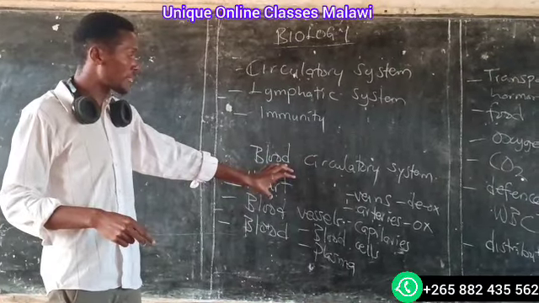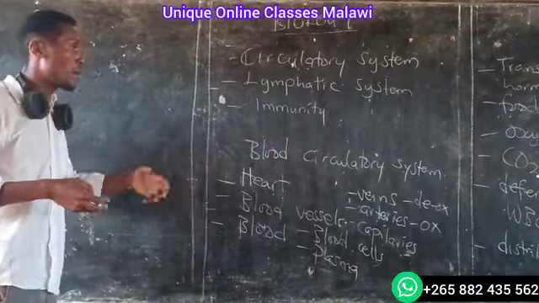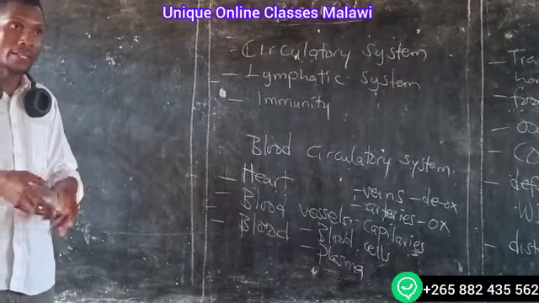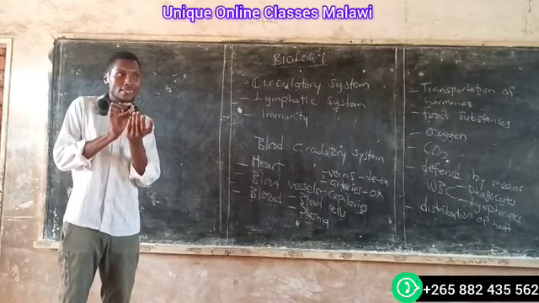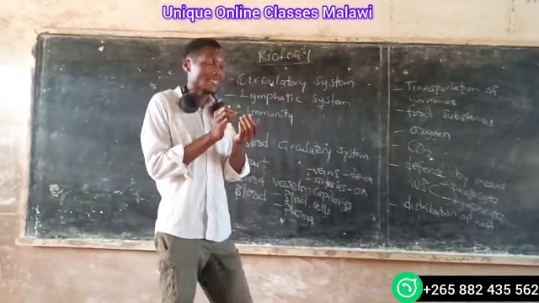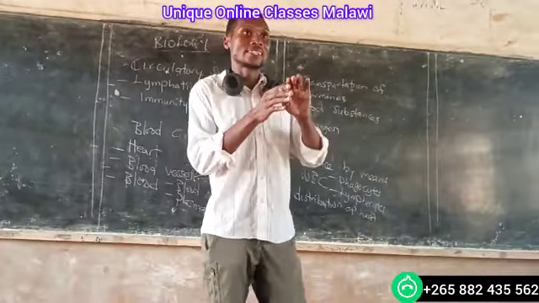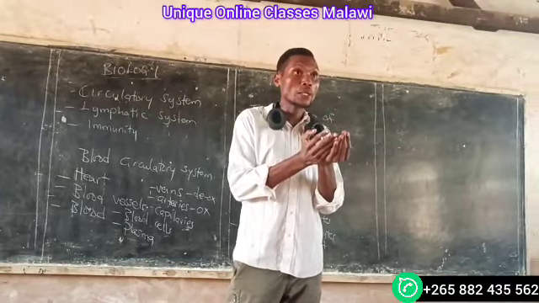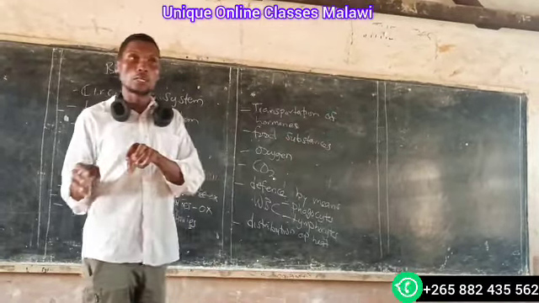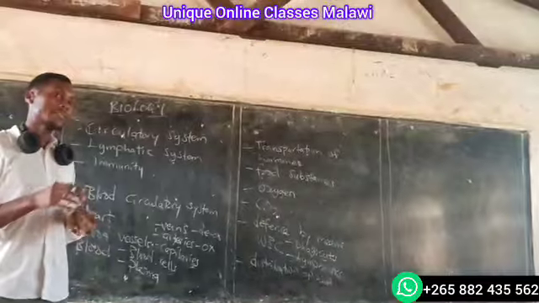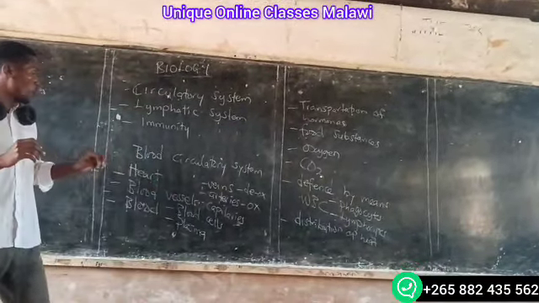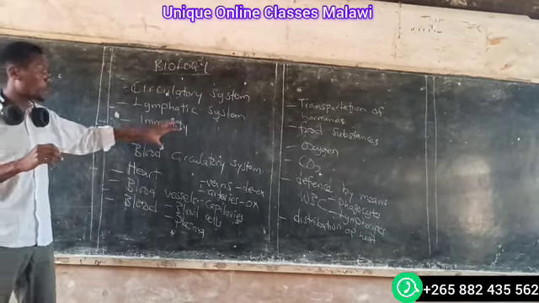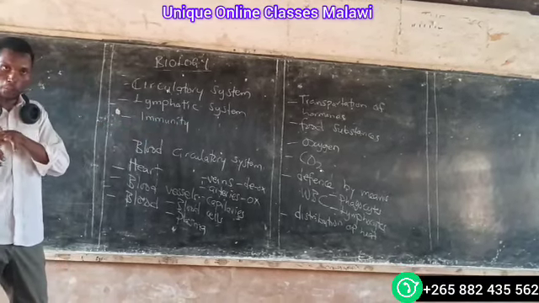My vessels are coming from vessels of wide lumen. The space inside the vessel is bigger, from wide lumen to smaller lumen. And there is a reason why it is like that. We move from vessels of wide lumen to vessels of small lumen.